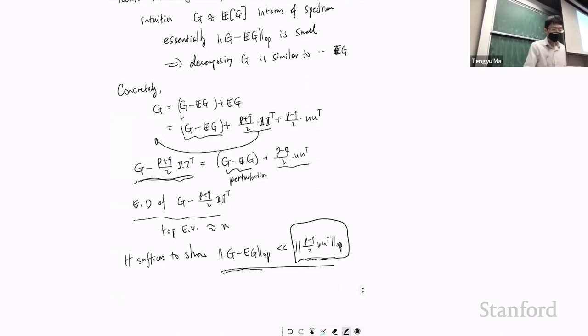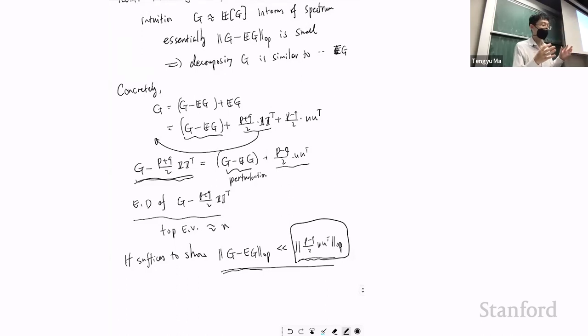Yeah, I think that's a great question. Just to rephrase your question, you are asking: do we really need to say that G minus EG is small in all directions? Or do you just have to say that G minus EG is not matching up with the direction U?